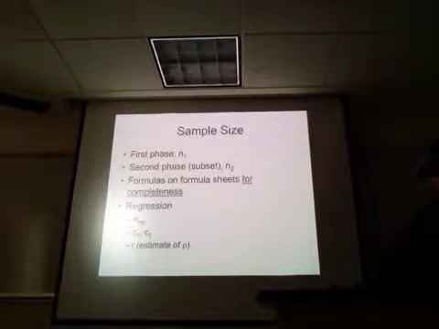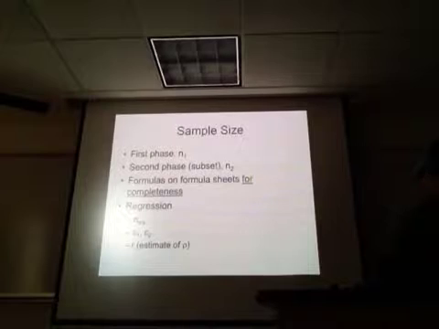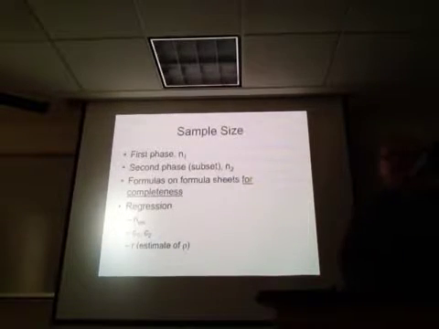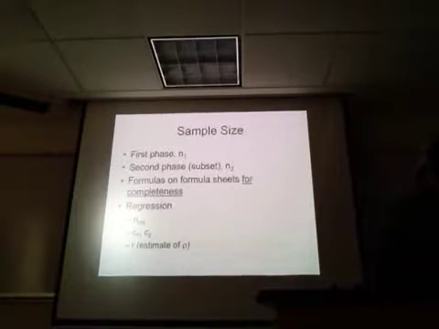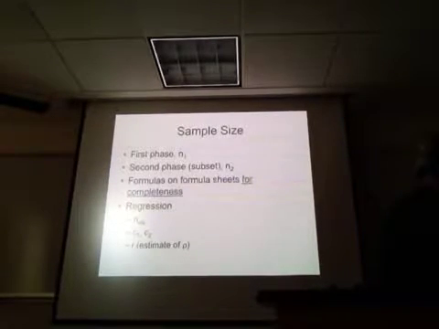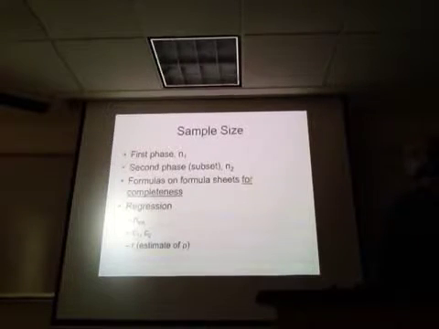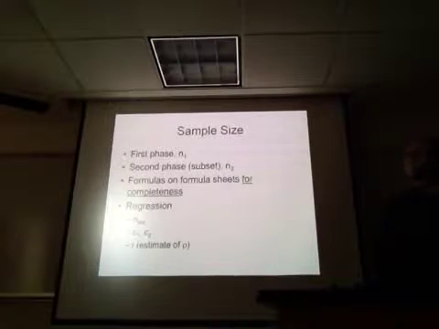C1 and C2. C stands for cost. C1 is the cost of a first phase unit. C2 is the cost of a second phase unit. What's the relationship between C1 and C2? If we would ever consider this technique, what's the relationship between C1 and C2?